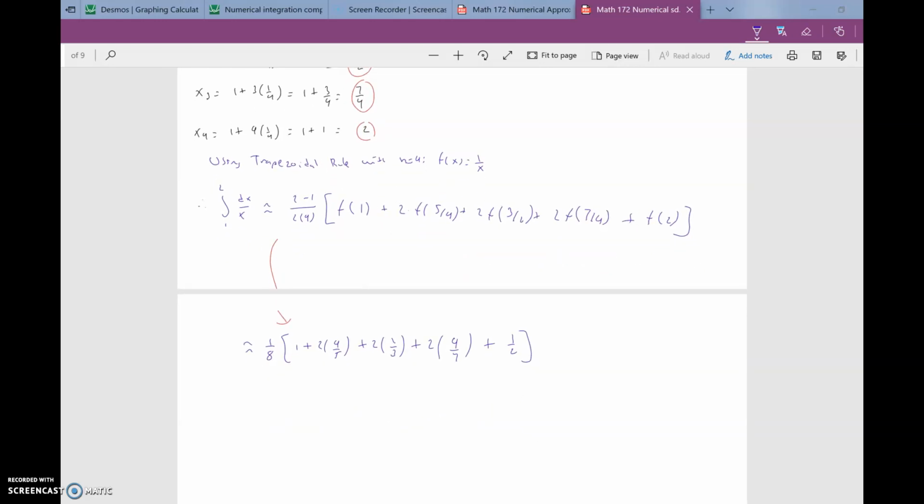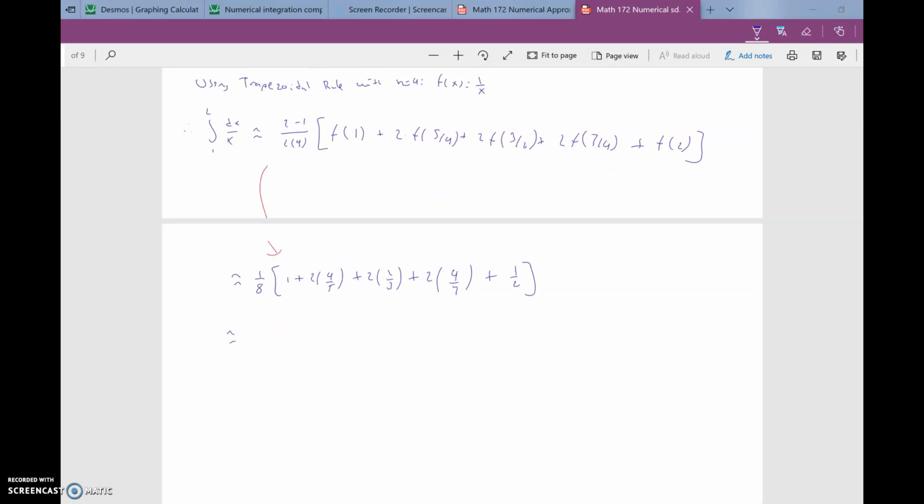Okay, at this point, let me plug it in and see what we're getting. Actually, let me simplify those two because I'm already messing this up.